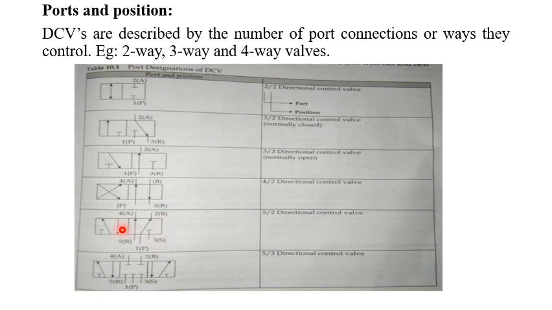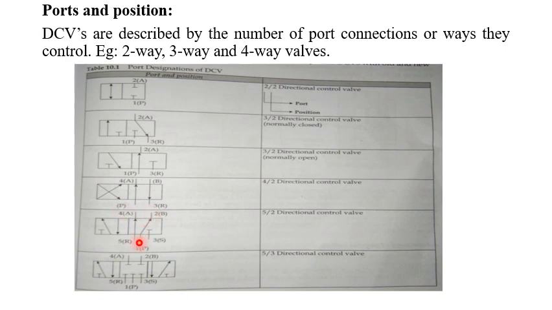The next one, how many ports does it have? It has 5 ports. See here, 1, 2, 3 and here 4, 5. Normally, as I said, the outputs are A and B in alphabets, or 2 and 4 in numerals.